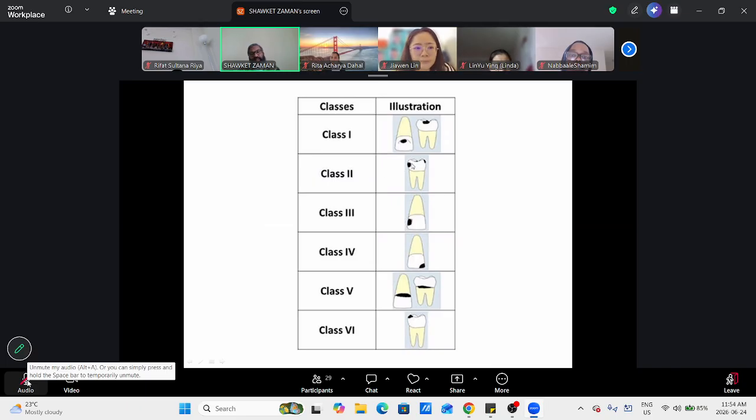But when the tooth cavity is present on the proximal surfaces, proximal means two surfaces, right? Mesial and distal. So when the occlusal surface caries extends all the way to the mesial or distal surface, as you can see here, the caries in only the occlusal surface is class 1. One surface, class 1. Two surfaces or more than two surfaces, class 2.